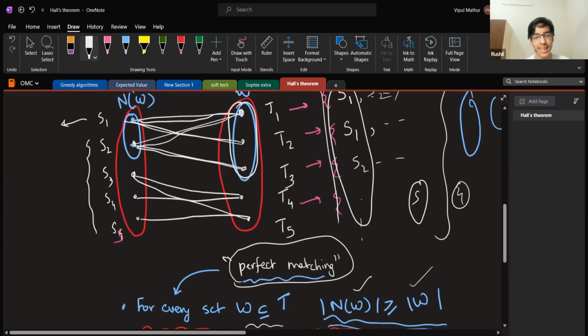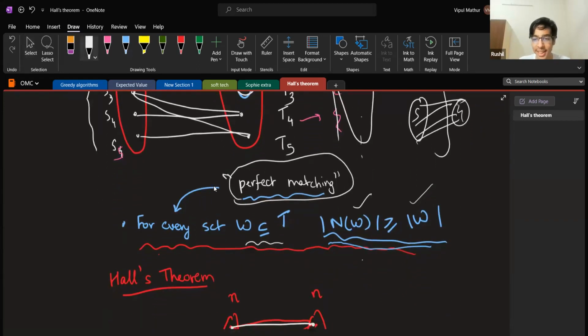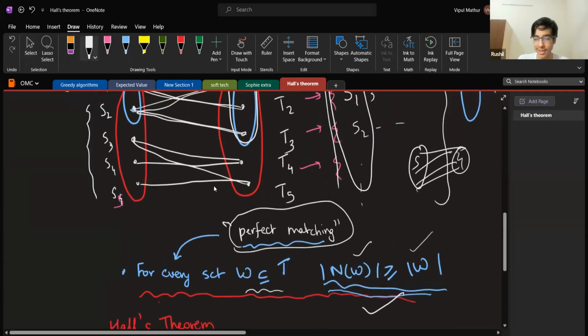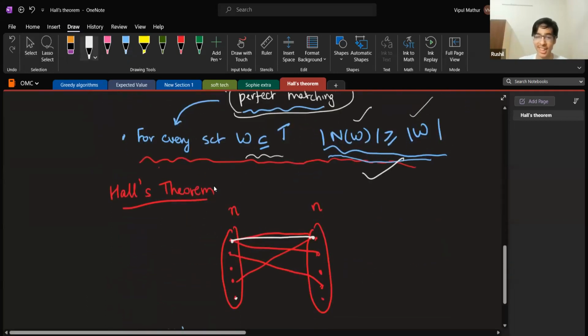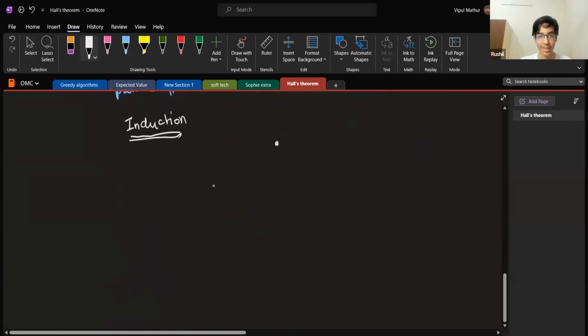No matter how hard you try, if you have five teachers who together like only four students, you just can't. That's not very surprising. The surprising thing is Hall's theorem, which says that if this condition holds, that is, you don't have this sort of stupid contradiction, then there will be a perfect matching. And that's what we are about to start proving.